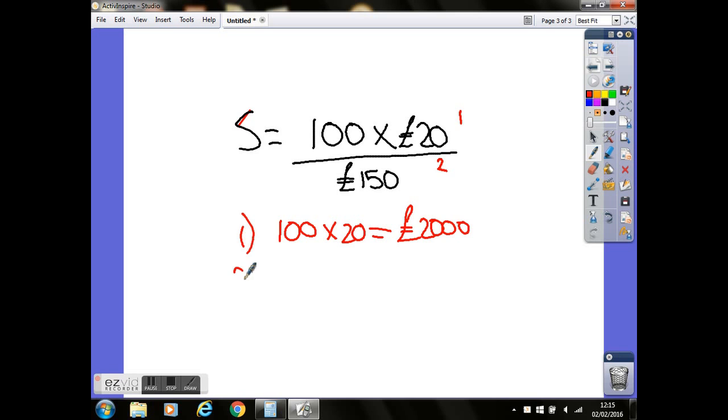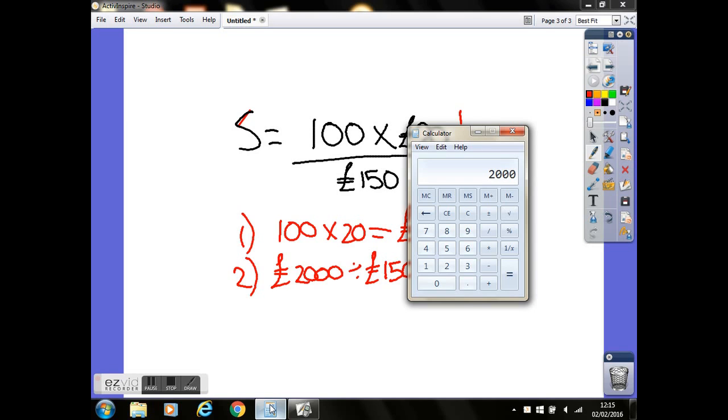And then your second part is to do 2000 divided by 150. So again, bring the calculator back up for that. 2000 divided by 150 equals 13.33 recurring.